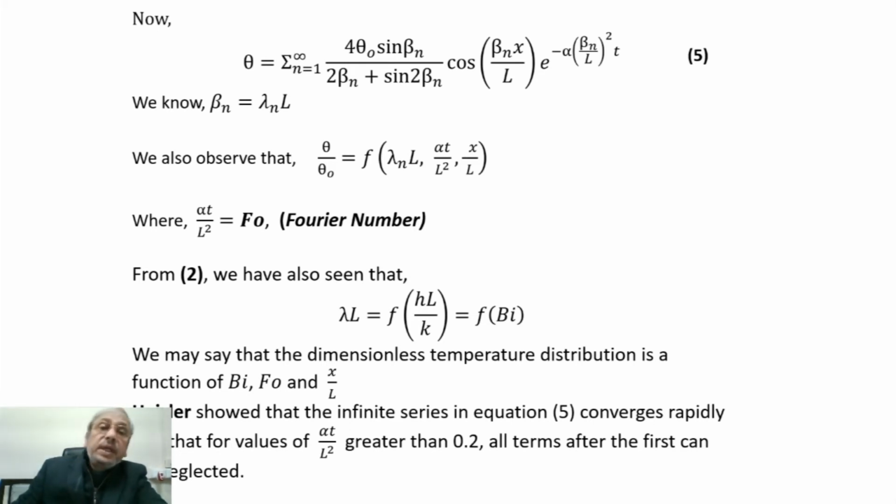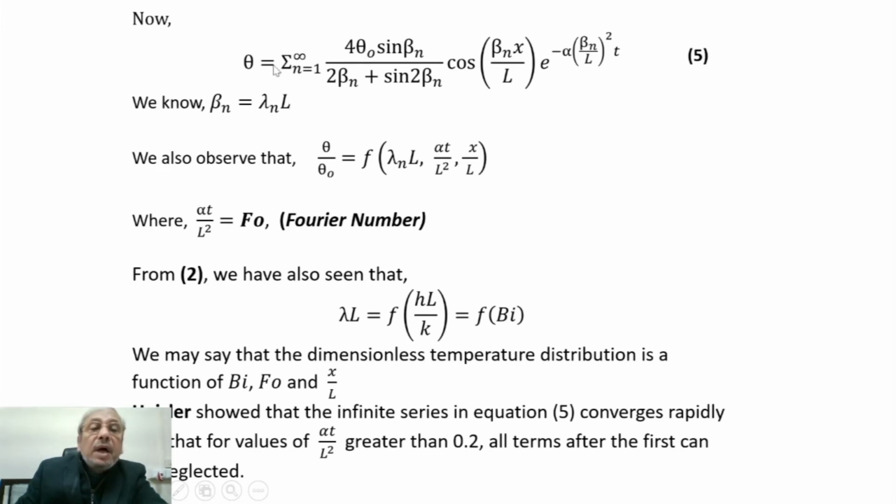So basically now we can say theta equals the sum from n equal to 1 to infinity of 4 theta naught sine beta n divided by twice beta n plus sine 2 beta n, into cos beta n x by L, into e to the power minus alpha beta n by L square t. This is lambda n square t. So beta n by L square t, and beta n is lambda nL.